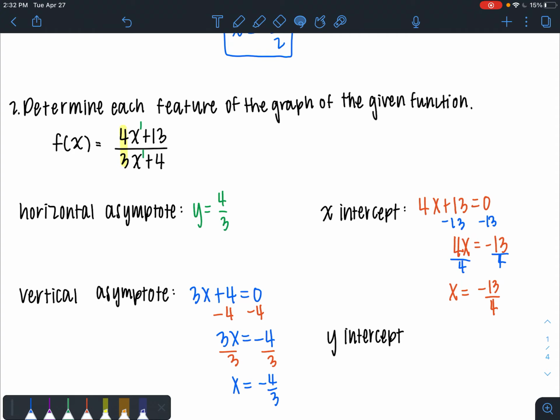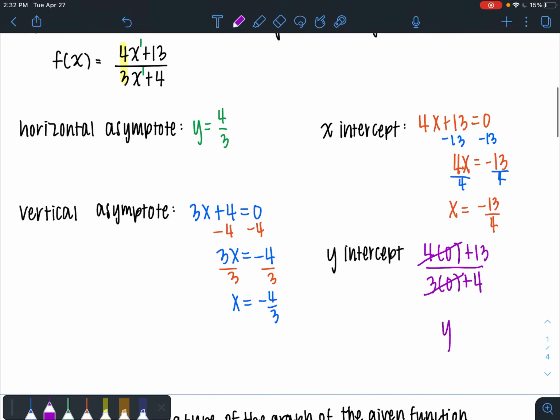Finally, for the y-intercept, I plug in 0 for all x's. So 4 times 0 plus 13 over 3 times 0 plus 4. These go away, and y equals 13 over 4.